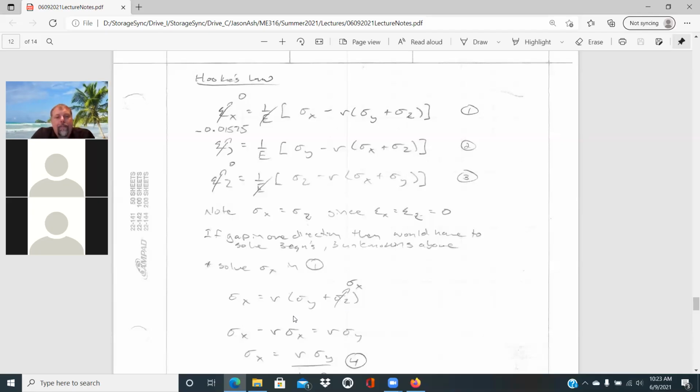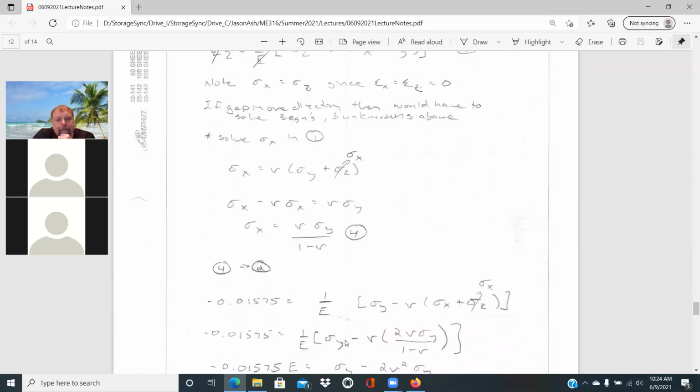If we move those variables to the left-hand side, we'd have sigma x minus nu sigma x is equal to nu sigma y. And if we pull a 1 minus nu out of that, we'd have sigma x is equal to nu sigma y over 1 minus nu. So this would be our relationship between sigma y and sigma x.